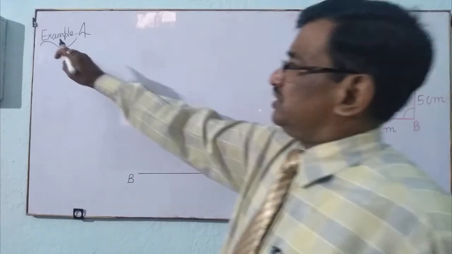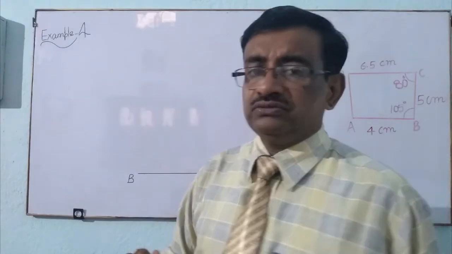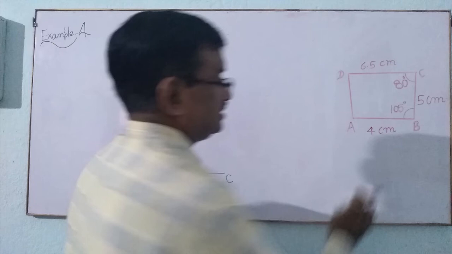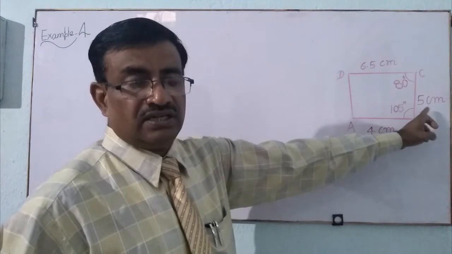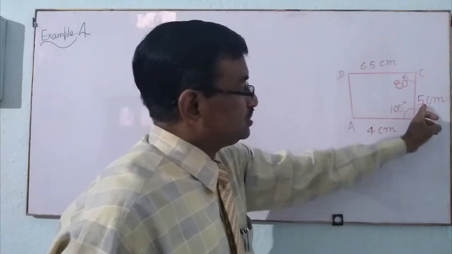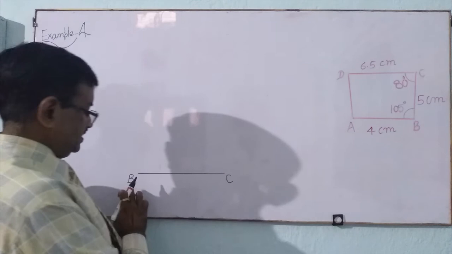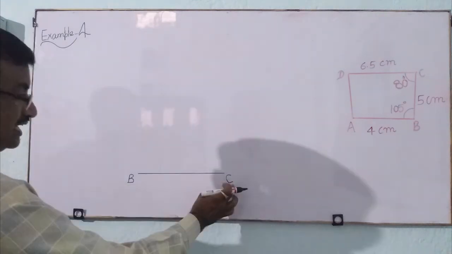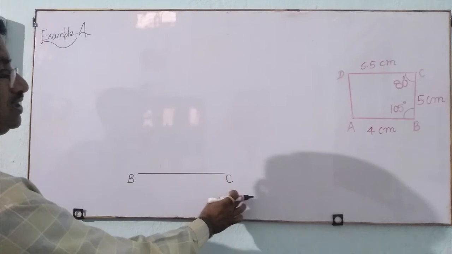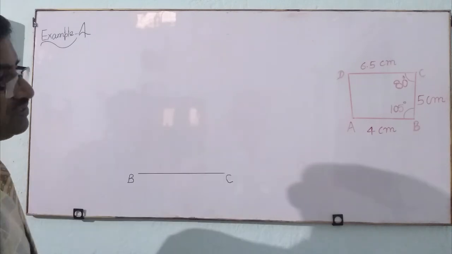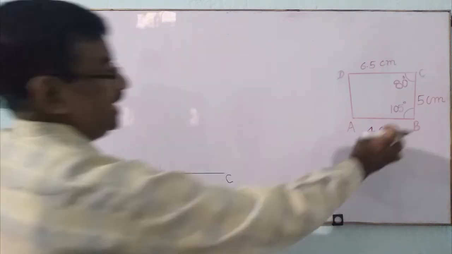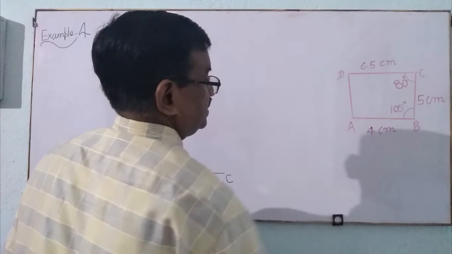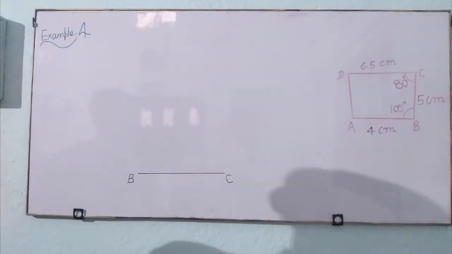In example 4, here is the rough figure. As per the rough figure, length of BC equal to 5 centimeter. Here is the line segment BC equal to 5 centimeter. At point B, we have to construct angle of 105 degree.